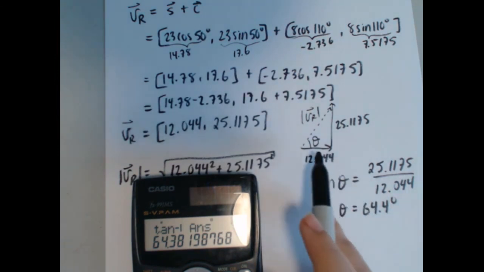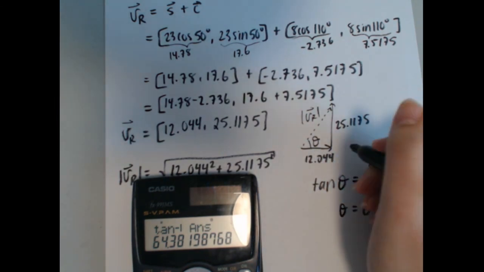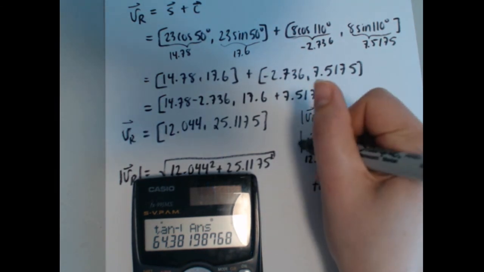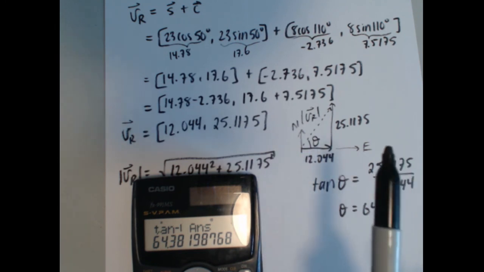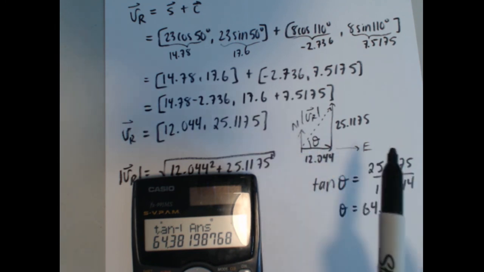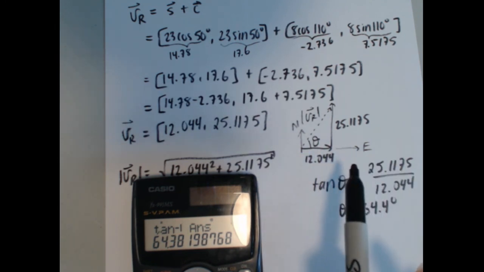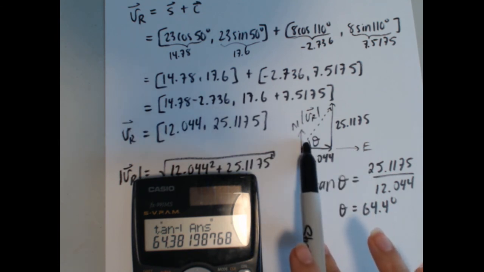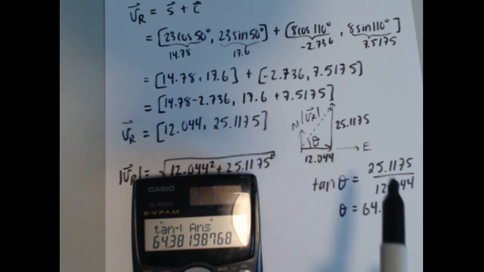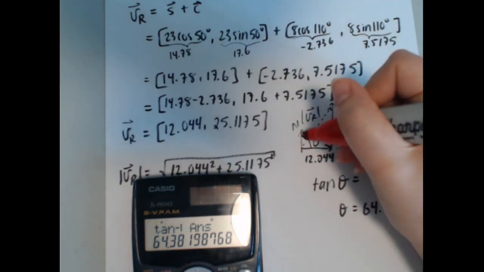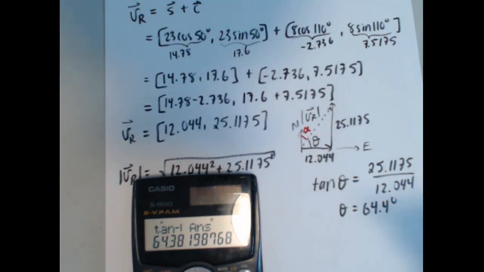Okay, now based on the picture, you see this direction here, this is effectively east, and that's effectively north. So that means it's east 64.4 degrees toward the north. But if you remember from 6.1, I said that in quadrant bearings, you always start from north or south, and then you go east or west. So I don't want to give the answer relative to this angle. I'm going to give it relative to another angle. So I'm going to call this angle here relative to the north side alpha.